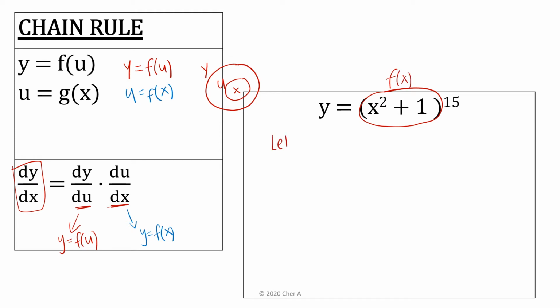So let y equal u to the power of 15. This will be a function of u. And then, because y is equal to u to the power of 15, our u is equal to x squared plus 1. So this is a function of x.